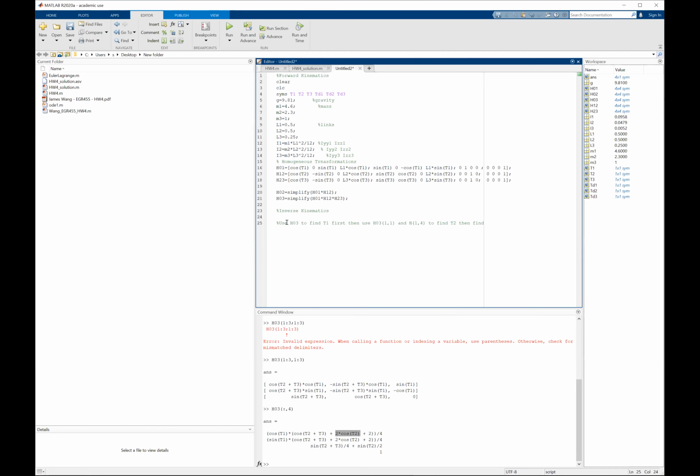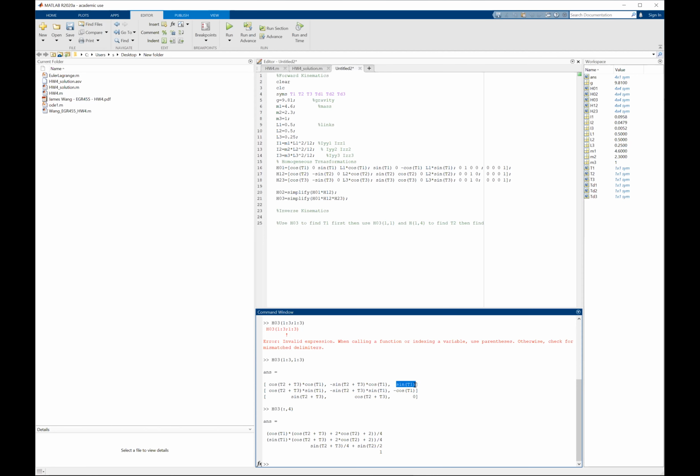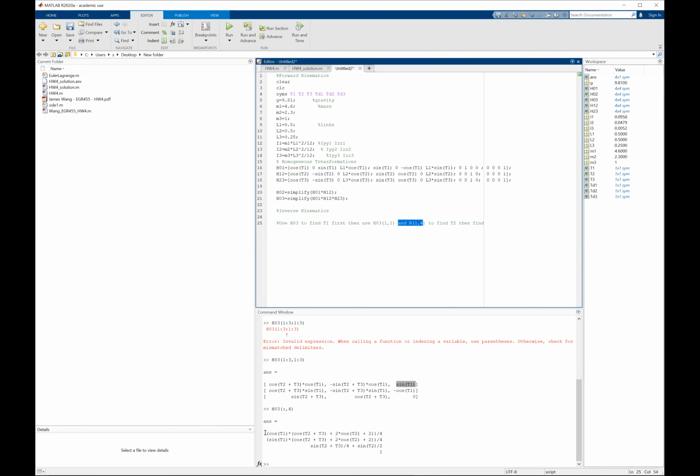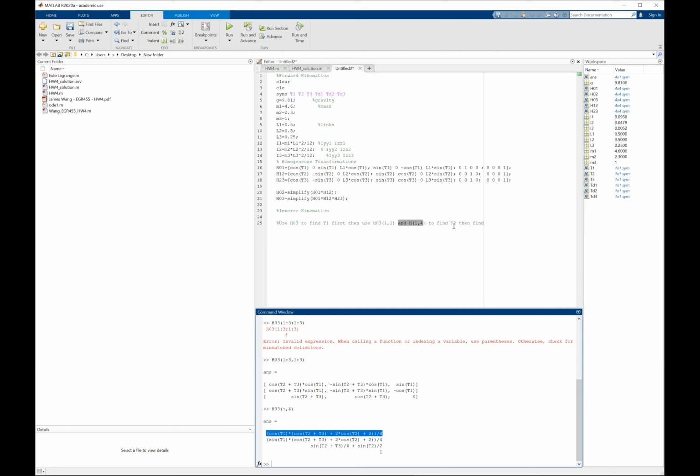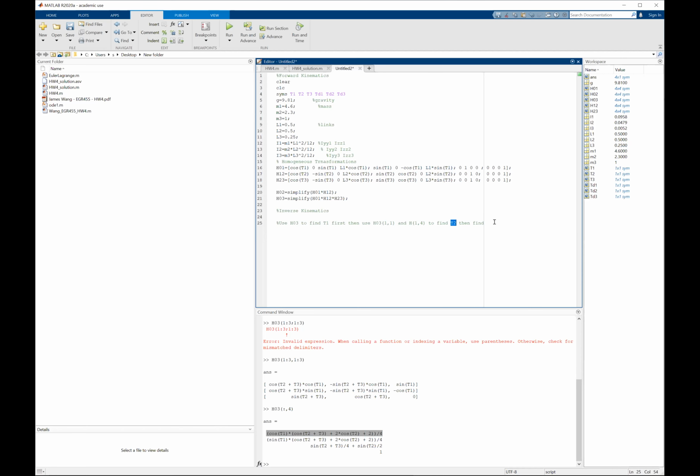So here I actually give you the hint. First use H03 to find T1. You can find out T1 from this element. Then you can use first row, fourth column, which is this guy, to find out T2. And finally, you can find out T3.